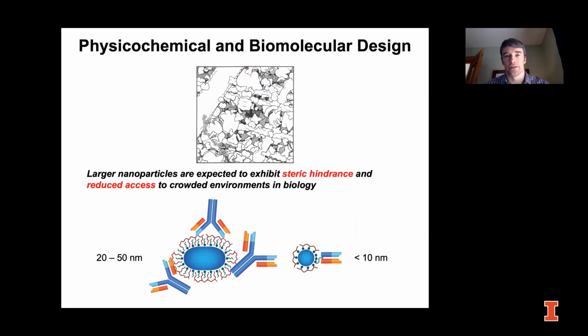So our ultimate goal is to get to what's in the bottom right here, which is a very small quantum dot attached very precisely to a bioaffinity molecule, with as minimal interruption or interference with the biological process you're evaluating as possible. So steric hindrance is a big thing. That's the take home of this slide. We want these to be as small as possible, and we want them to have as few non-specific processes occurring as possible.